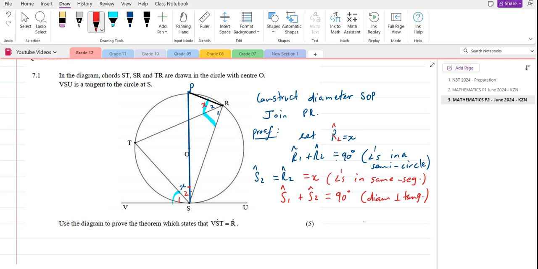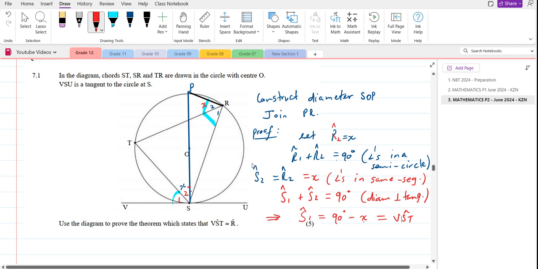We know that is 90. So angle S1 is equal to 90 degrees minus x, because we said diameter perpendicular. So angle S1 is 90 minus x, which is also the same as saying VST. And what is angle R1? That's also 90 minus x.